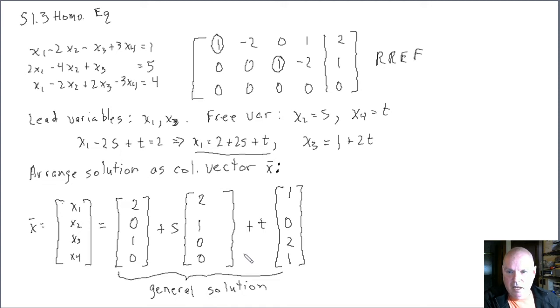So I can let s and t have any value, and the corresponding x1, x2, x3, and x4 values I can plug into the original system and come up with a solution. I can express the general solution in the form x is equal to a particular solution plus the homogeneous solution. And we're going to talk a little bit more about the homogeneous solution.